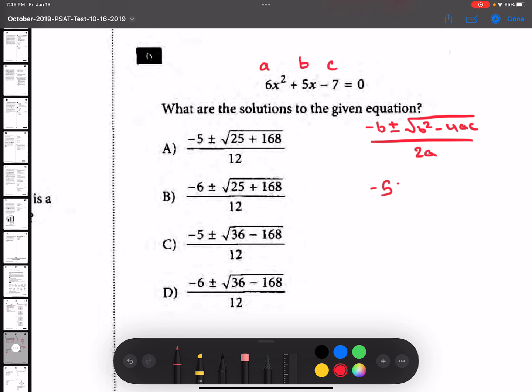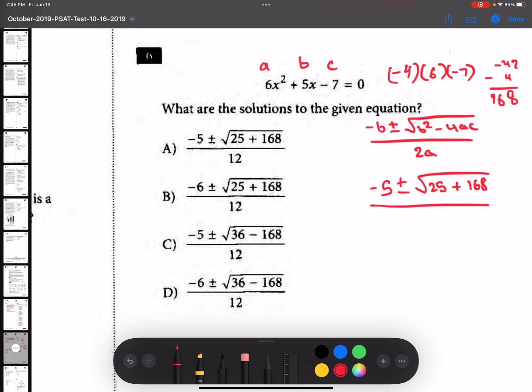So minus 5 plus or minus square root of 25, 5 times 5, minus, so we have minus 4ac, times 6 times minus 7. So that means minus 42 times minus 4. That should give us 168. So that's plus 168 because there's already a negative there. And 2a would give us 2 times 6, 12. So this is our equation so far. And if we see our answers, that's how it's written. And this matches A, so our answer is A.